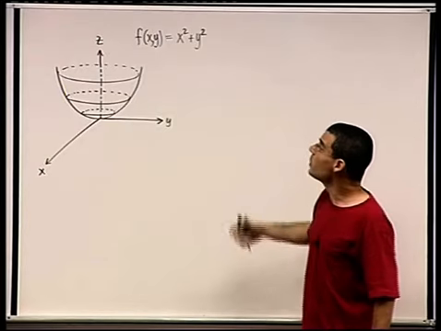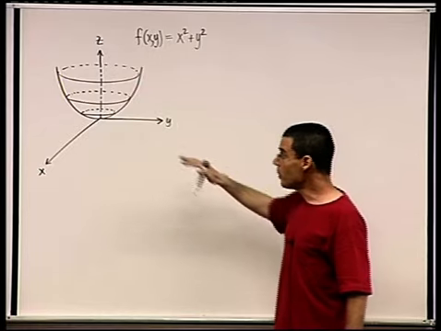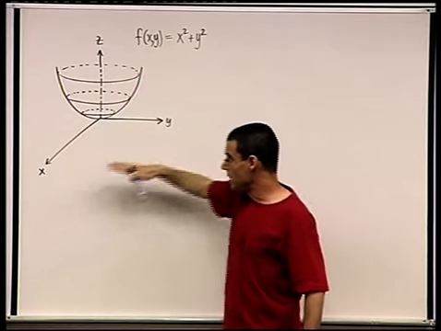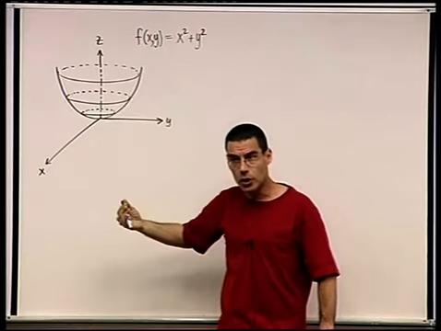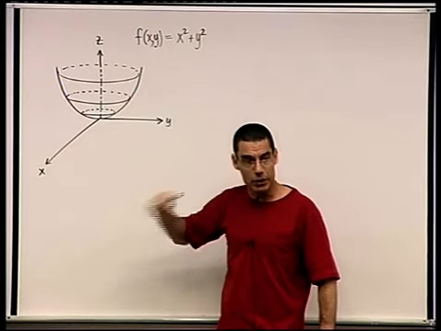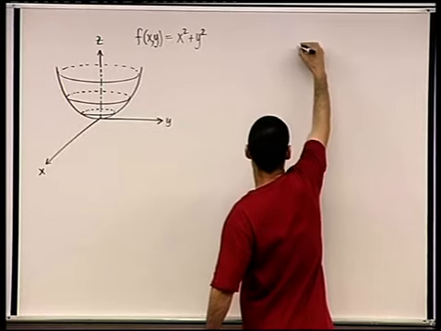What would the level curves of this function look like? Remember, when I'm drawing this, the xy plane is down here. I'm drawing it like this, but it's actually flat, and the graph is up here, right? When I'm drawing level curves, I'm only drawing an aerial view of the xy plane. So here's the xy plane now.